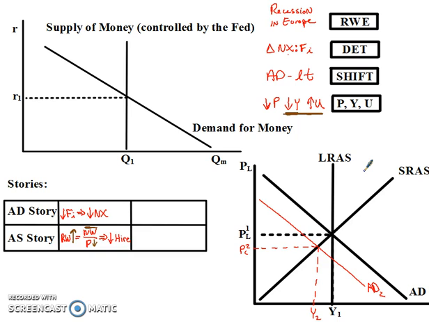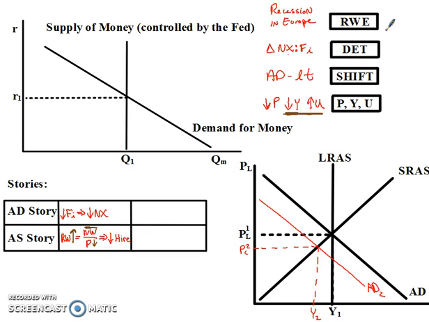So now, what's that going to look like, monetary policy? Well, the Federal Reserve has control of the money supply, and over here we are at an equilibrium level of interest rates, and the current level of the money supply is at Q1, and the Federal Reserve could come in, and the real world event is that they could either buy or sell bonds. So which one's it going to be?